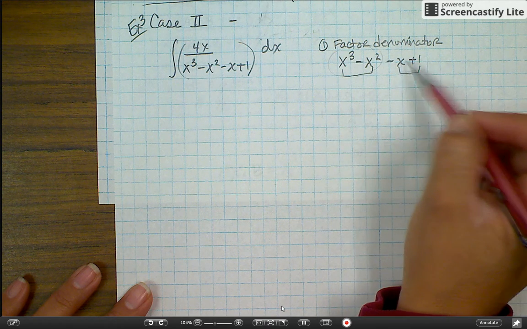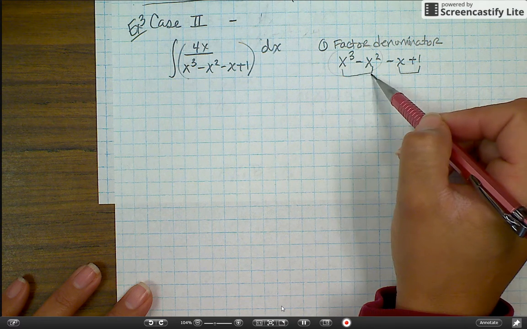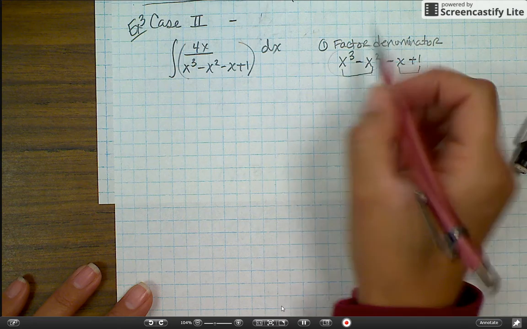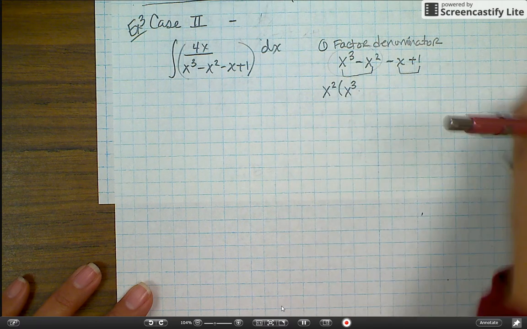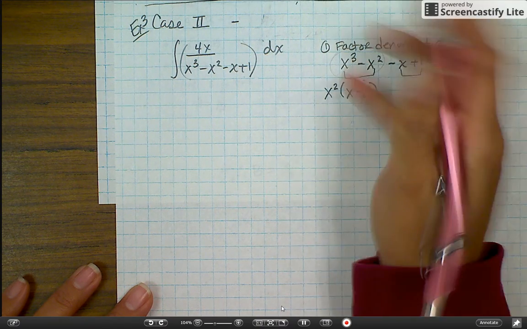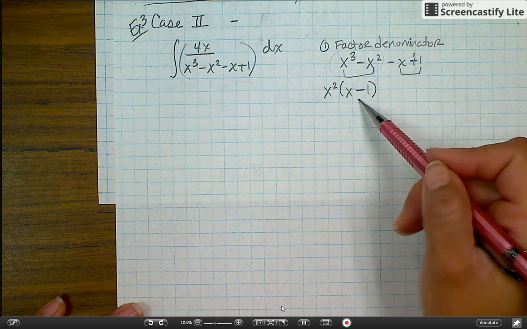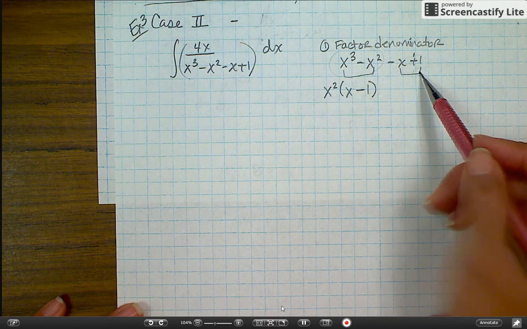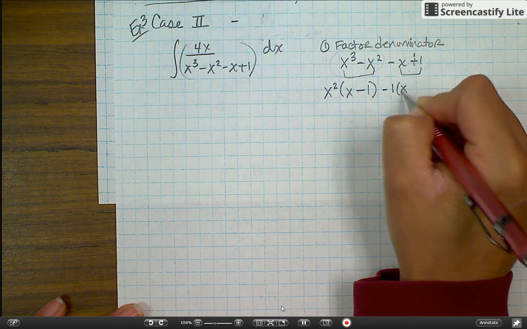These ones really don't, so their common factor is 1. So what are the common factors here? x squared. And this is x cubed. So x squared times x minus 1. And then here, I can get an x minus 1 if I factor out a negative 1. And this is going to be x minus 1.